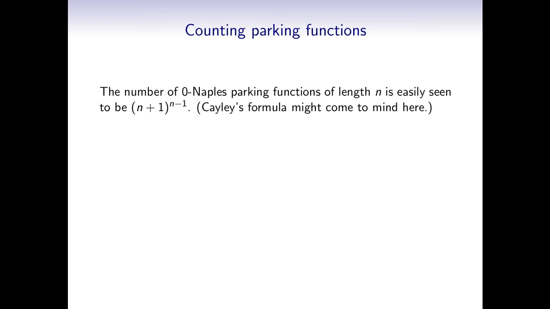So in fact, this gives a bijection between 0 Naples parking functions of length n and labeled rooted trees of length n+1. Now, labeled rooted trees of length n+1 are in bijection with labeled rooted forests of length n. And so we get some bijections like that, which were explicitly given by someone named Schützenberger.